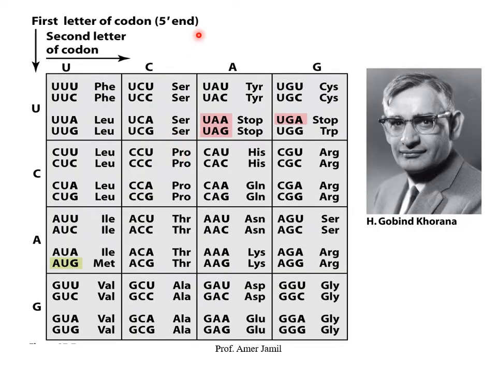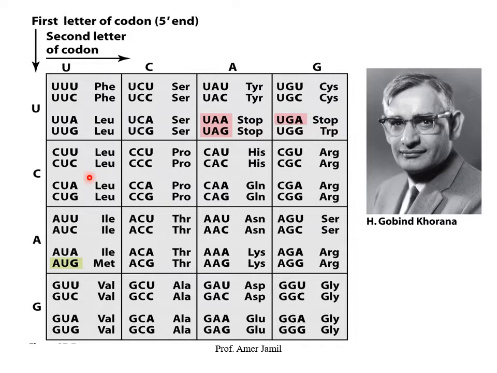There are a total of 64 codons. Out of these 64, 61 code for 20 amino acids. As you can see here, UUU is for phenylalanine, and similarly you can see many amino acids have more than one codon, because the codon number is 61 and the standard protein-bound amino acids are 20.